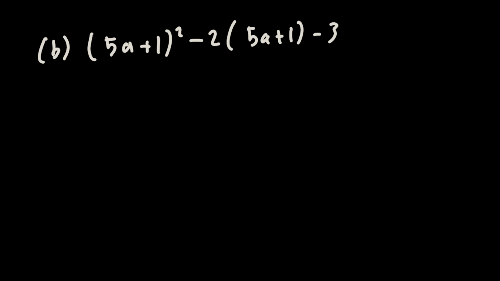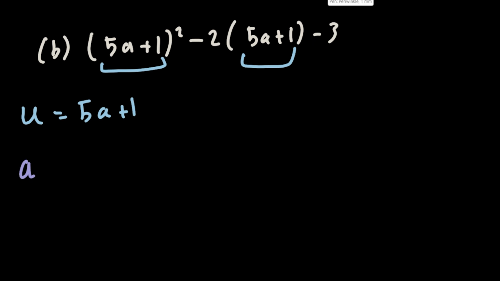Let's see part B. In part B, we want to factor this expression here. As you can notice, this part and this part are common, so we can just say that u equals 5a plus 1. Now the new expression that we will get is u to the power 2 minus 2u minus 3. So now we can factor it.